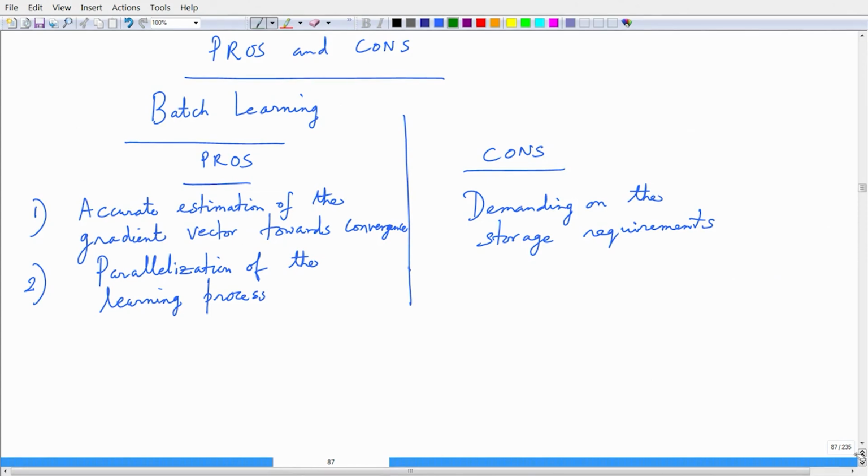Let us discuss the batch learning first. The advantages are as follows. First, it can provide us with an accurate estimation of the gradient vector towards convergence, because the network has seen all the examples or data points within one epoch.